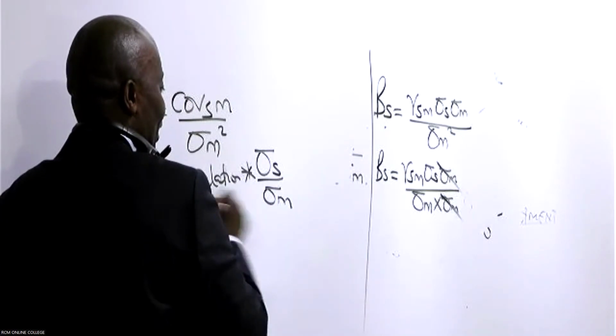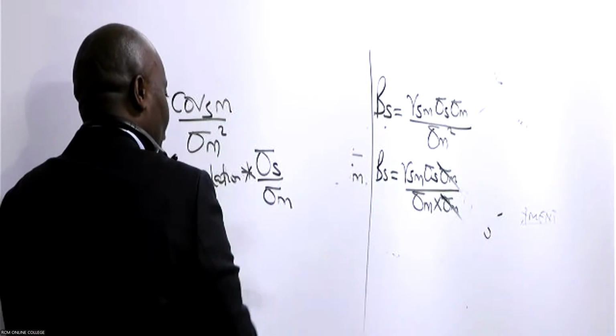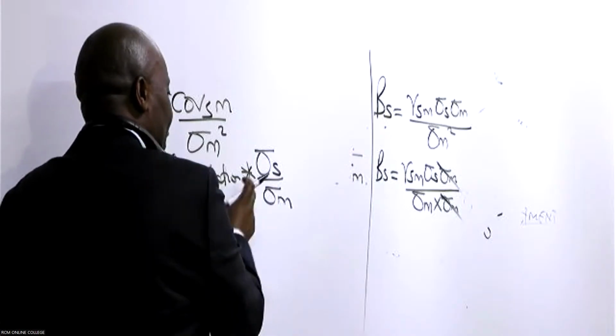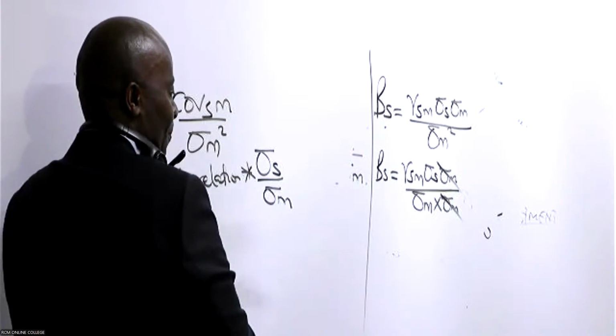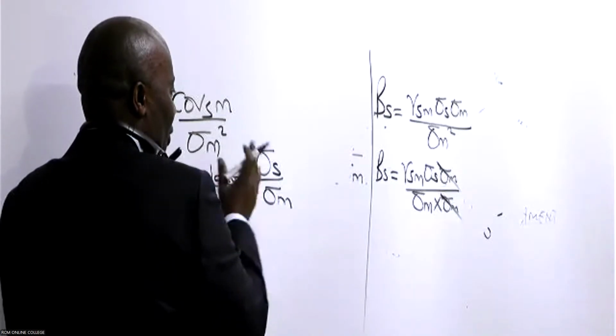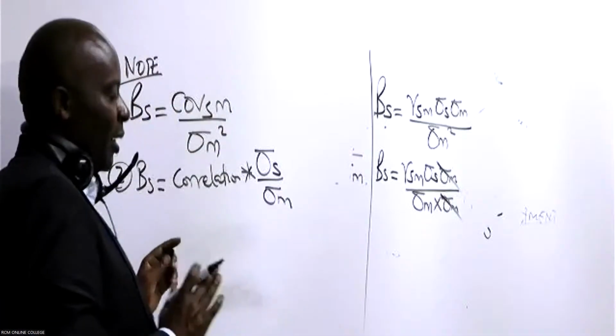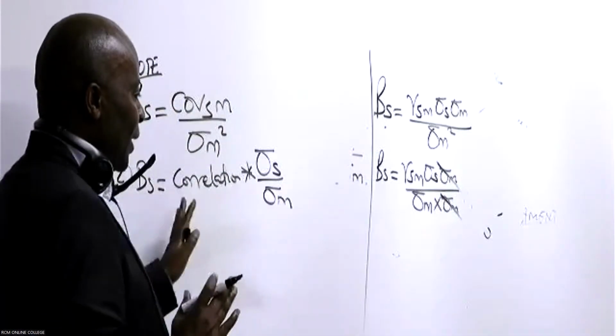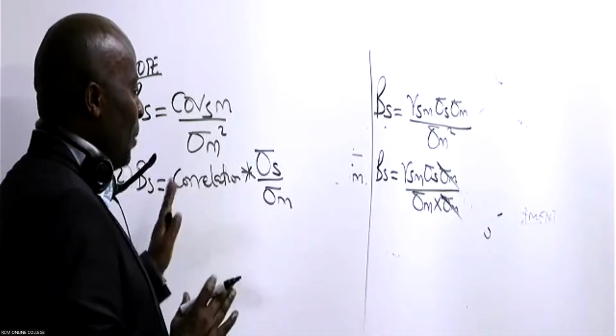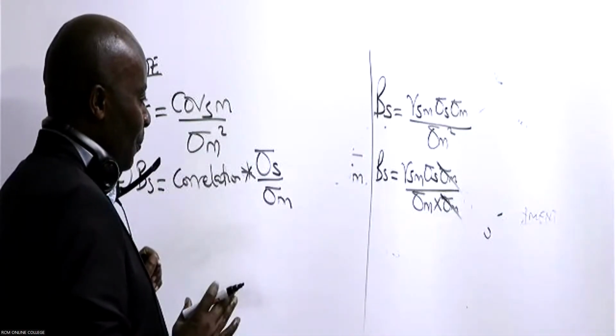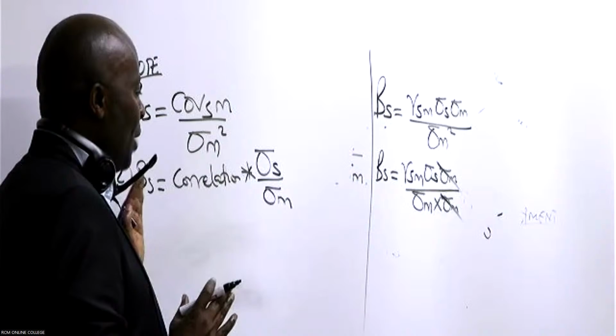You take the correlation provided, and then you multiply it with this quotient: the standard deviation of S, all over the standard deviation of the market. The moment you master it that way, you'll always be correct in these questions. So I would want you to do me a favor.